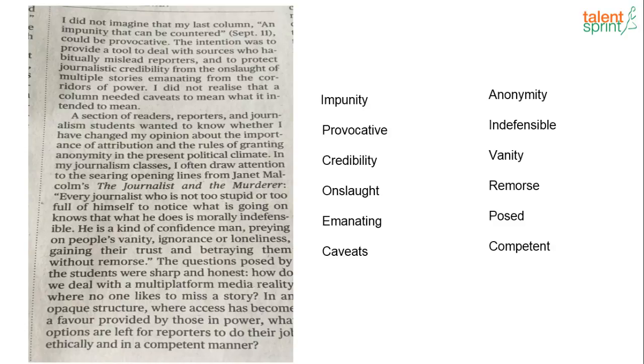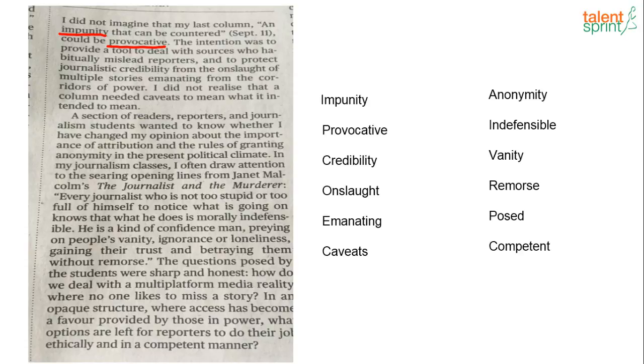Let's get started. I did not imagine that my column, An Impunity That Can Be Countered, could be provocative. So I can see one difficult word here, impunity. For me, provocative could be a difficult word.